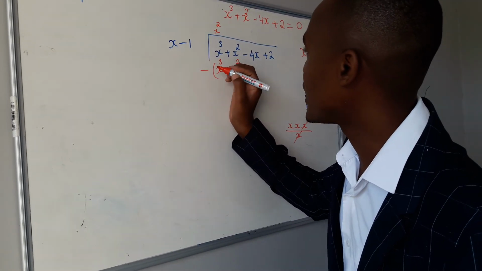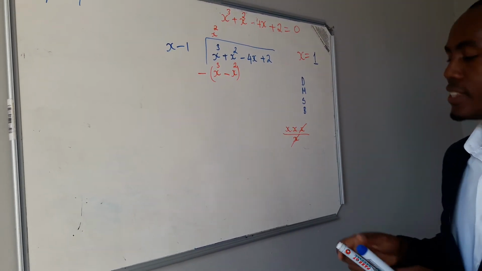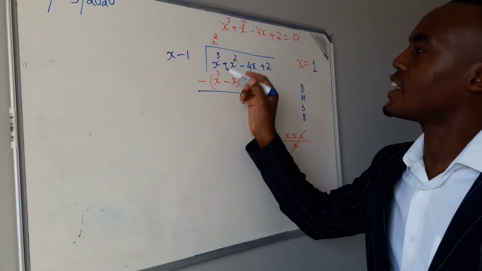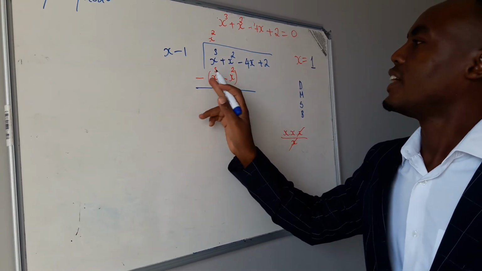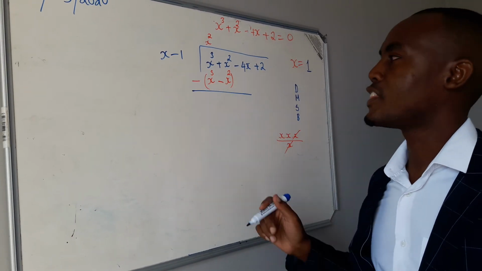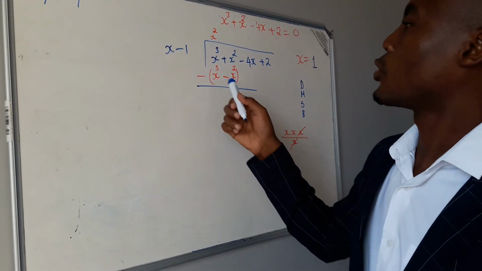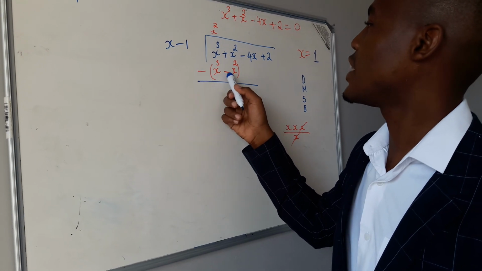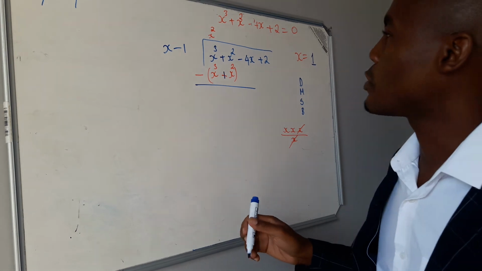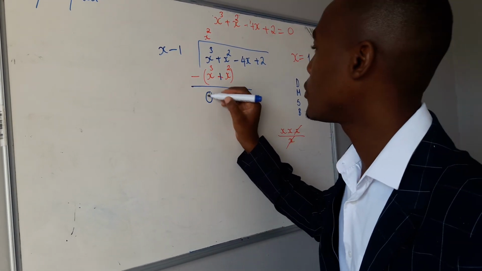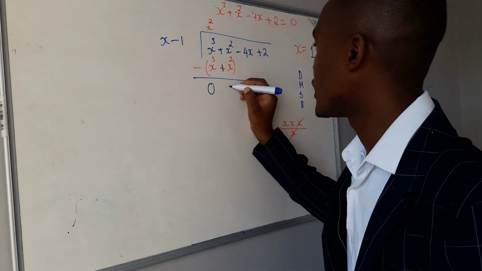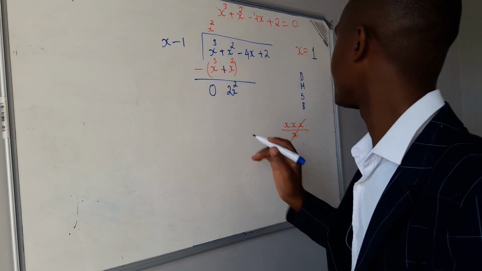Notice that subtracting affects all the signs inside the brackets, making this minus a positive. So x to the power 3 minus x to the power 3 is just 0. And then we have x squared plus x squared, which gives me 2x squared.